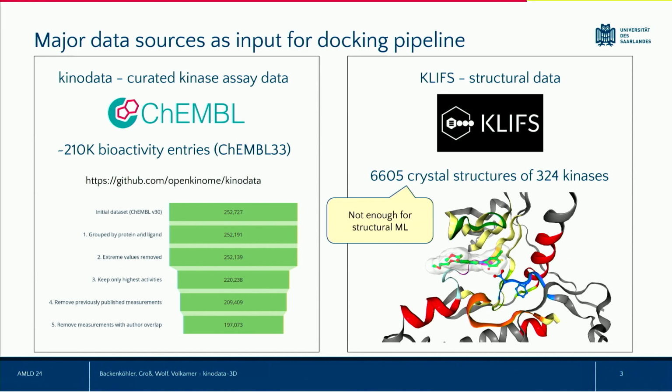And this is not quite enough to do complicated large models. So we are trying to leverage both the activity data and the structural data that we have to create a larger data set. Our main goal is to create a data set that we can use later on for machine learning.